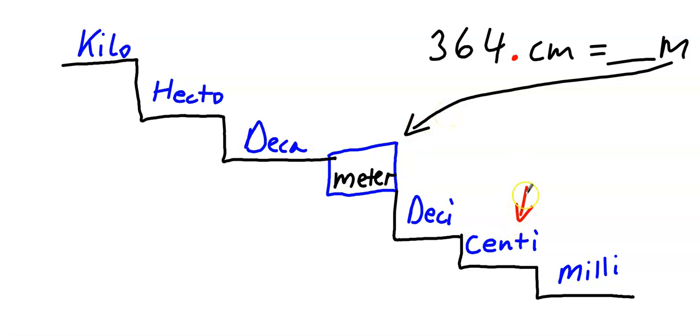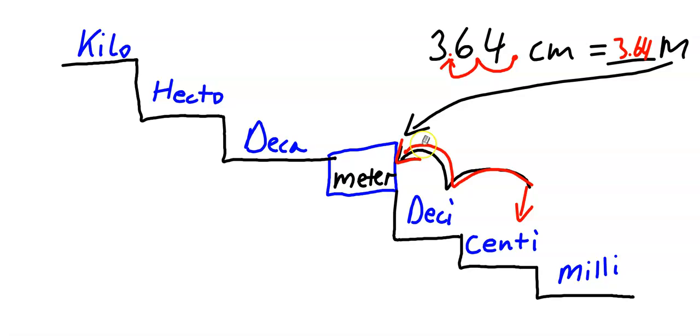So I'm starting with centimeters, and I'm going to meters, which means I'm going to the left 1, 2. 2 steps to the left. I'm going to take my decimal place. Now I went 1, 2 to the left. So my decimal place also goes 2 to the left. 1, 2, drop off. So we have 3 and 64/100 meters. So this is the way to use the metric staircase.